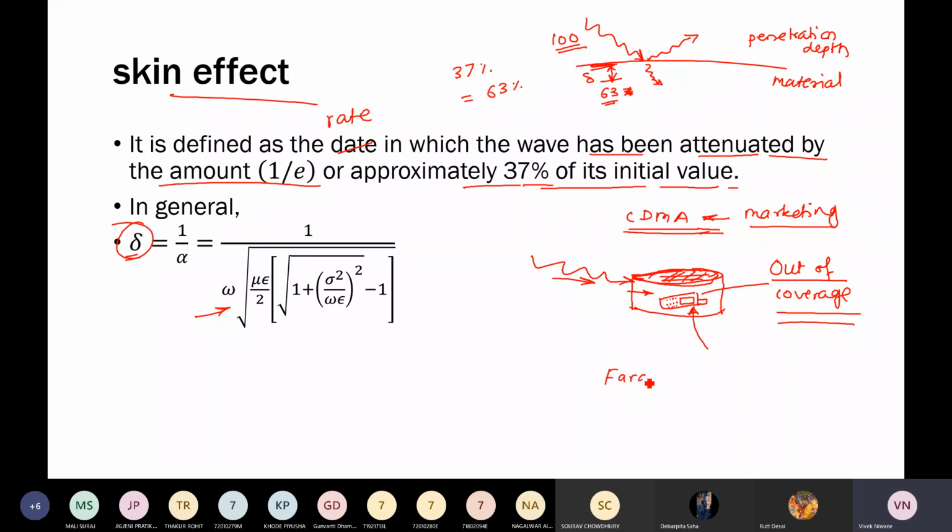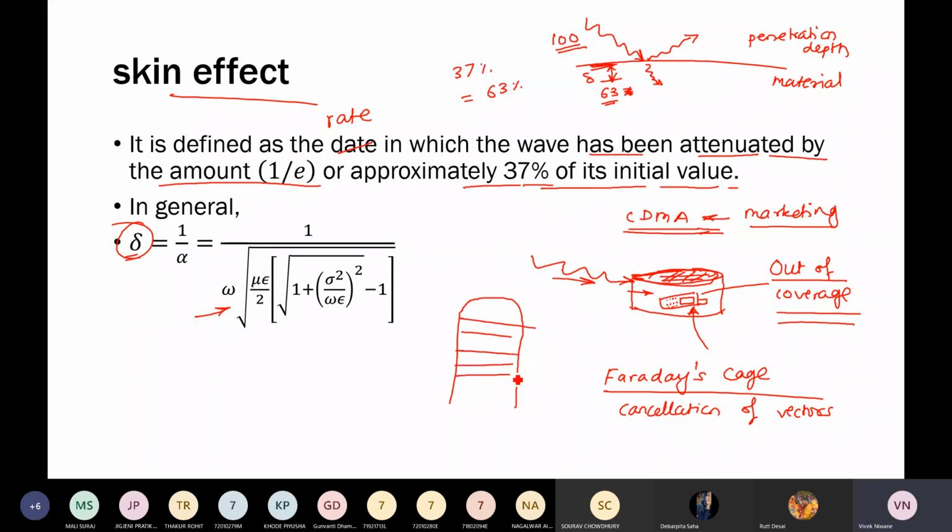A similar kind of experiment you have studied somewhere in school time is called Faraday's cage, but there you do have some cancellation of vectors. If you remember, if you have a mesh kind of structure made up of iron or copper, your electromagnetic radiation cannot penetrate into it.